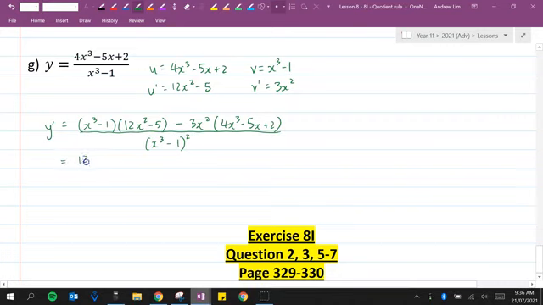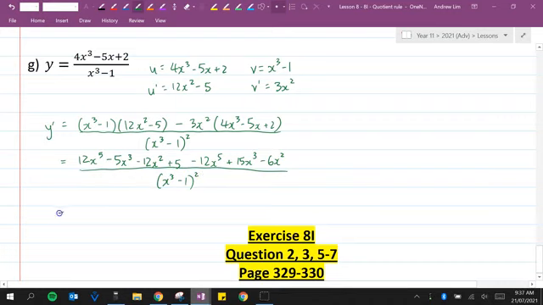So that leaves us with 12x to the power 5 minus 5x cubed minus 12x squared plus 5, minus 12x to the power 5 plus 15x cubed minus 6x squared, all over x cubed minus 1 squared.